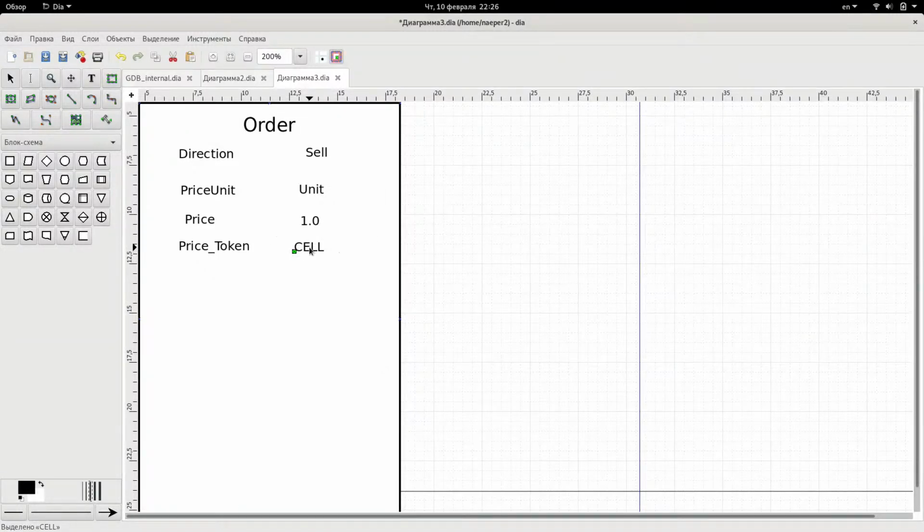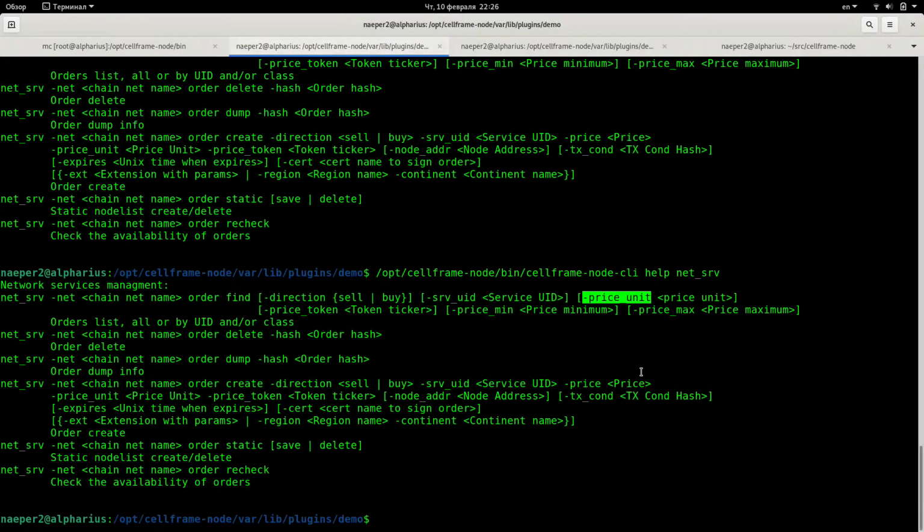You just need to publish the service by default with cell. So it's a mandatory requirement, and you need to sell your service first with a cell. And after you provide your service with cell, you could place orders on different tokens, any you want.